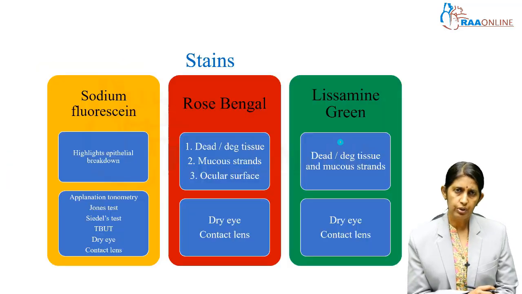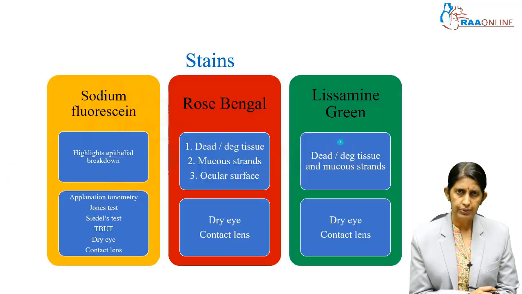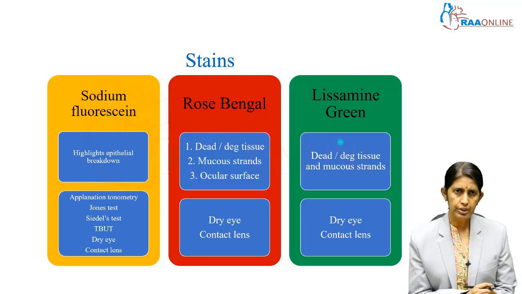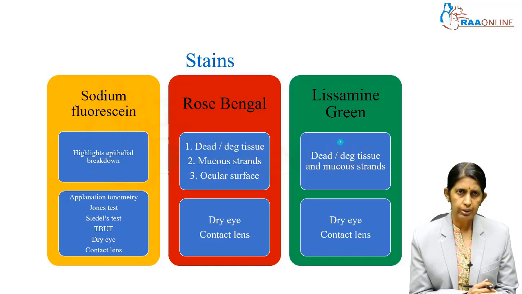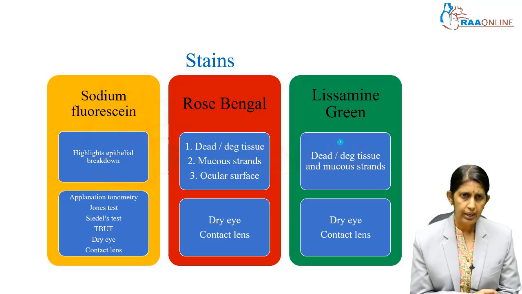Stains that we use commonly to look at the ocular surface can be rose Bengal, but in this context we also need to know about the other stains that are present, which are sodium fluorescein, rose Bengal, and lissamine green. Sodium fluorescein classically will highlight areas of epithelial breakdown, and it is most useful in patients for whom applanation tonometry is being performed, in Jones test, in Seidel's test, tear breakup time, dry eye disease, and contact lens.